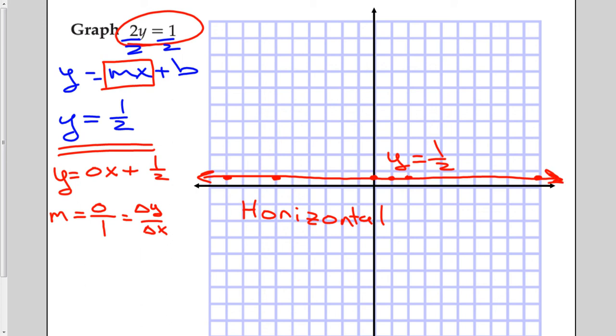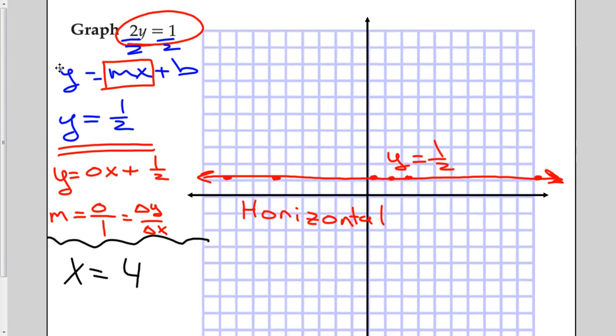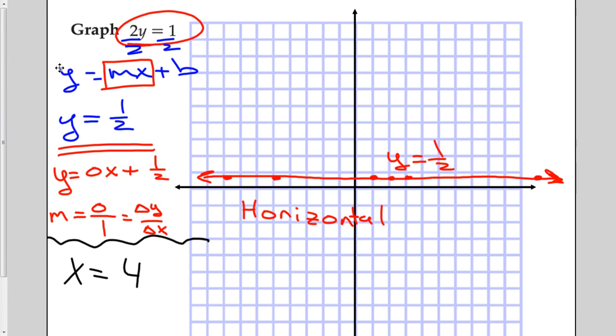Just the same way I could look and see, well, what if I had x equals 4? Well, if I had x equals 4, the same thing basically applies. X equals 4, and if I'm trying to graph this, tells me that y doesn't matter.